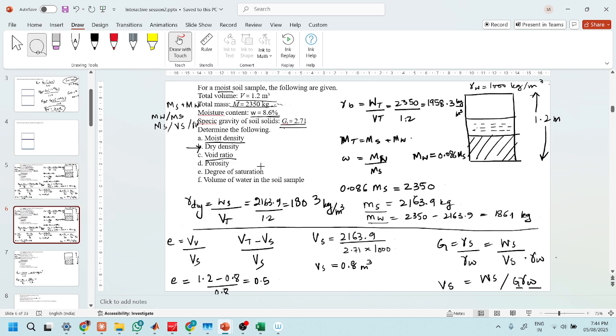Calculate the porosity. Porosity is quite simple.